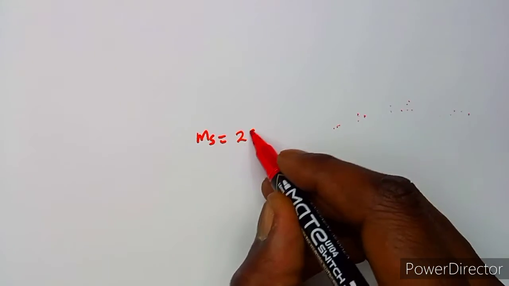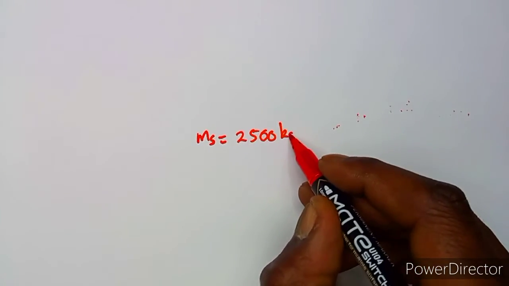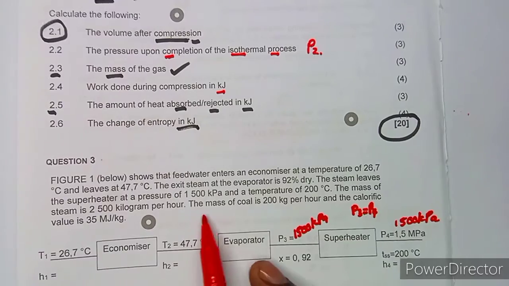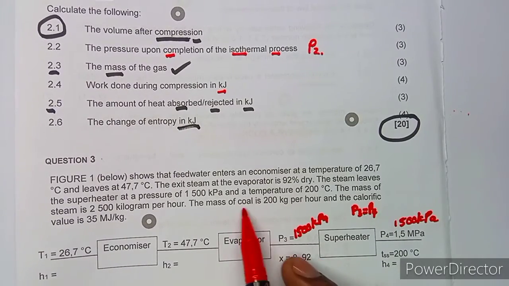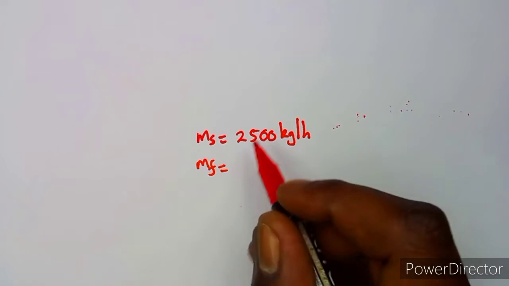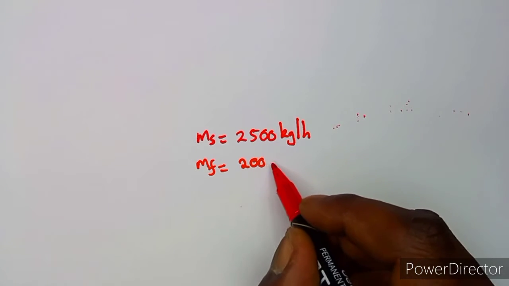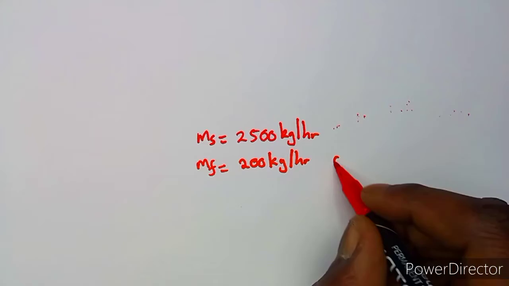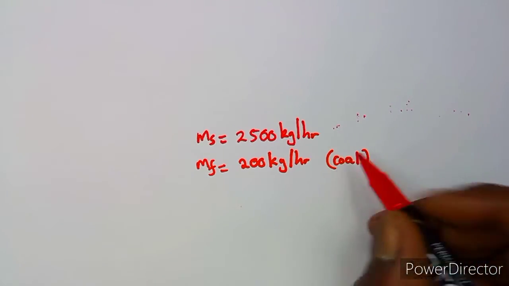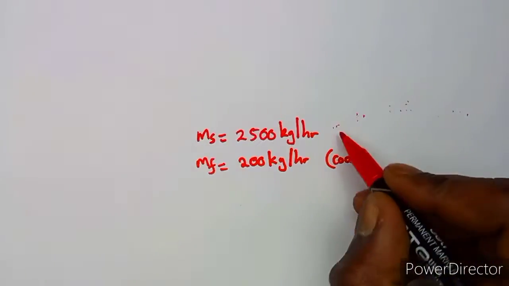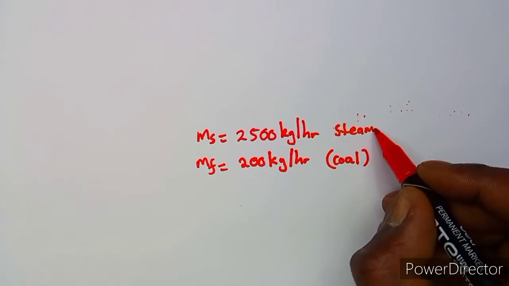The mass of coal, which is the fuel, is 200 kg per hour. That is your coal in this case, and this is m_s for steam.